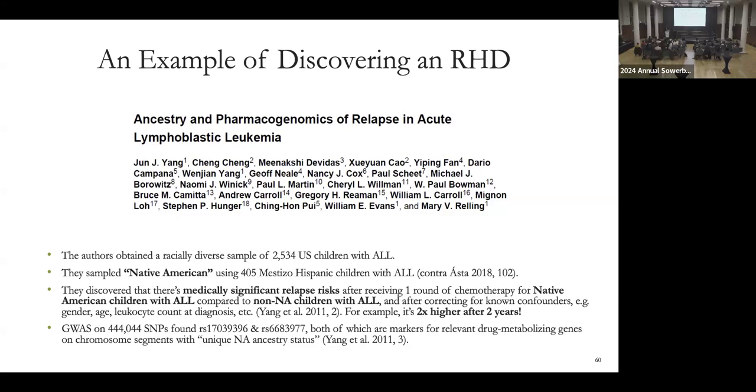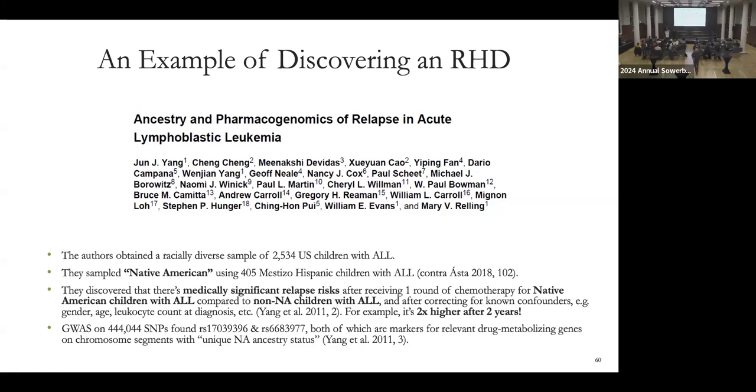And they found a couple of markers that are known to be set in a region of human genomes that are known for drug metabolizing. And they tried to find other sort of causal influences here, but this still stuck out as a significant sort of influence as well as a medically significant influence. It was tied to specifically Native American chromosome segments.